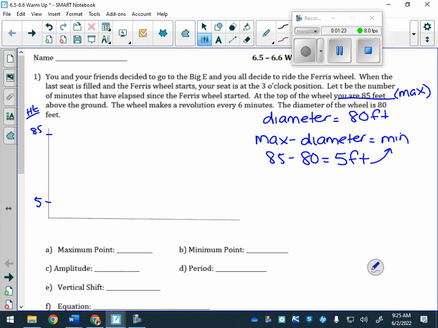Okay? What else? Tell me what else. Yeah, Catherine. The amplitude is 40. How do you get that? Good. Midline. Yep.